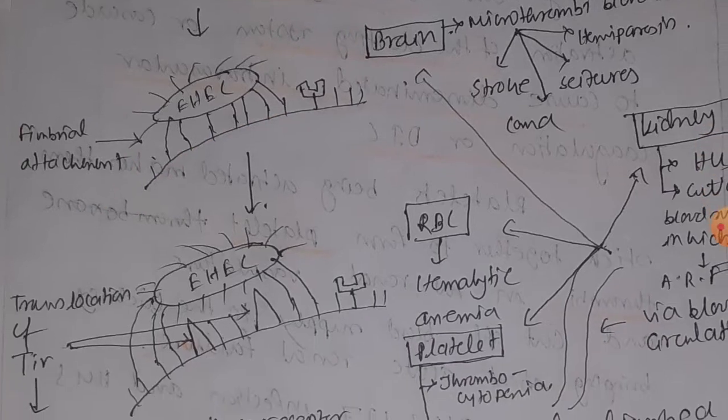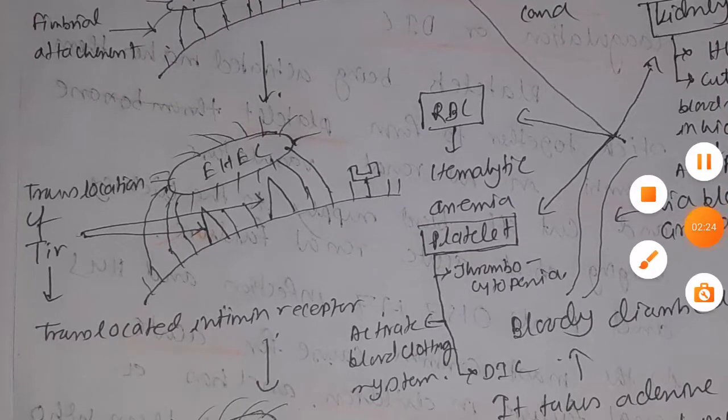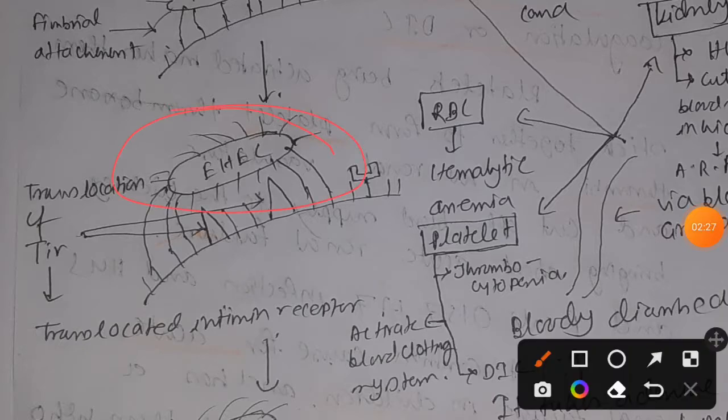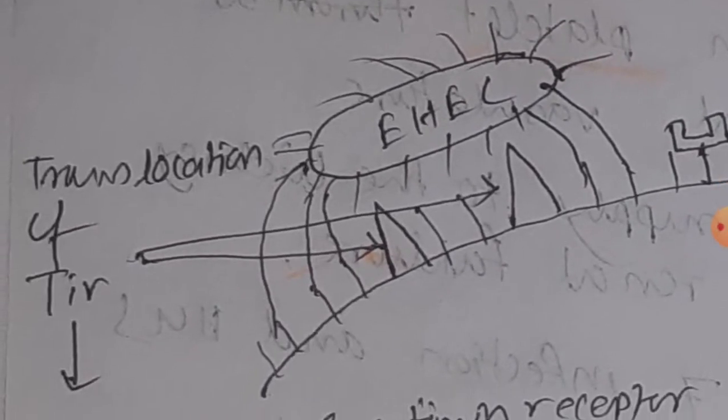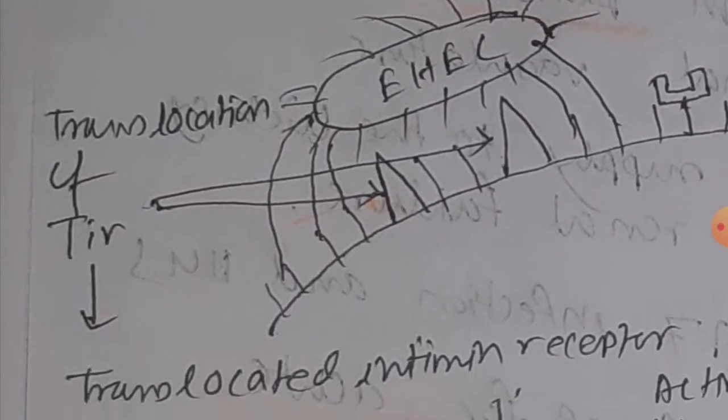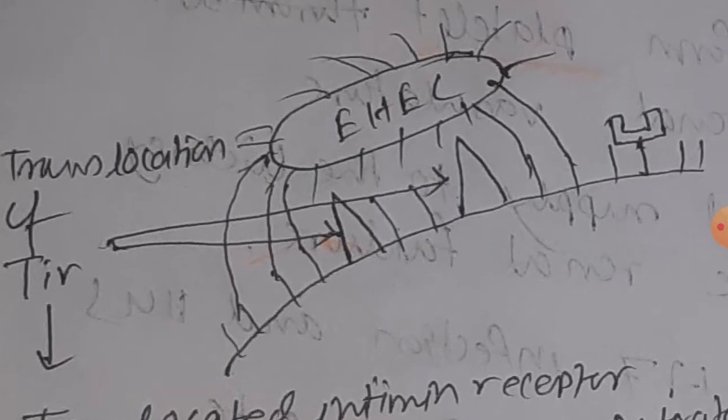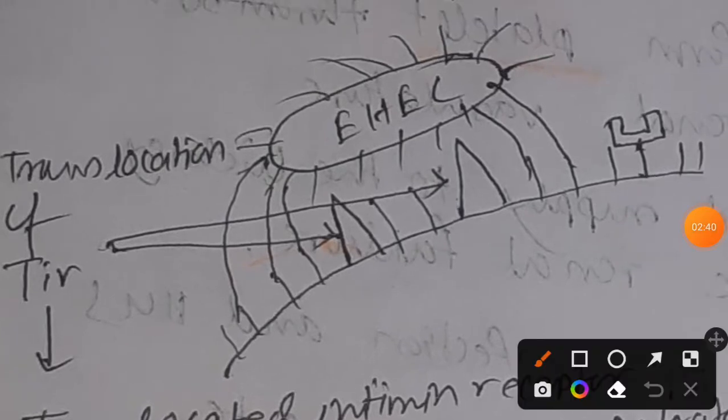Okay, now after that, the second step is translocation of TIR. So what is this? TIR is the translocated intimin receptor, a kind of receptor produced by the bacteria.